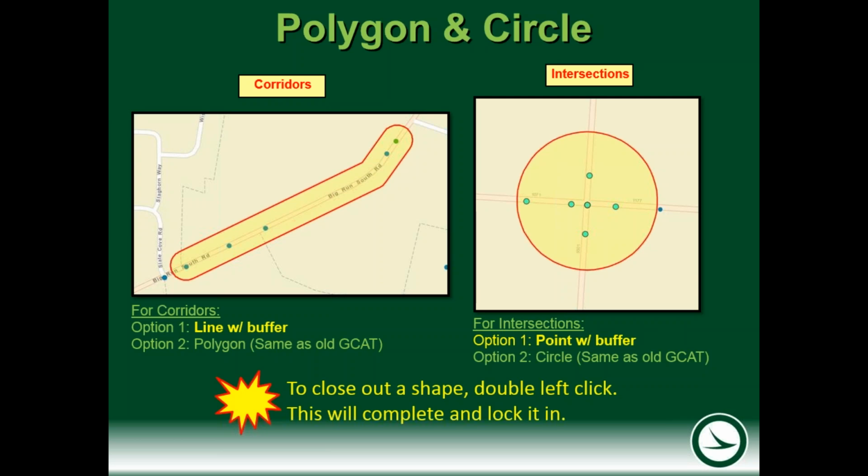It's transitioned now into every time you left click, same as before, it'll drop a point, and then when you double left click, it locks your shape in. So that's just a slight change with this one in drawing shapes, and you'll get the hang of that when you start to use it.